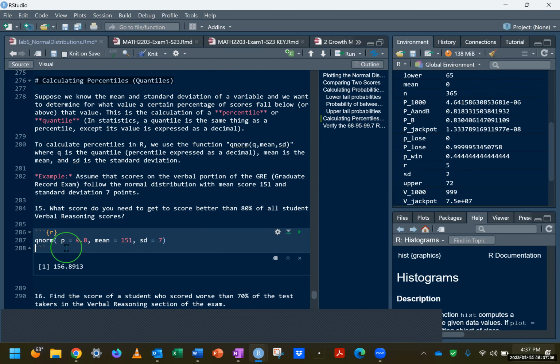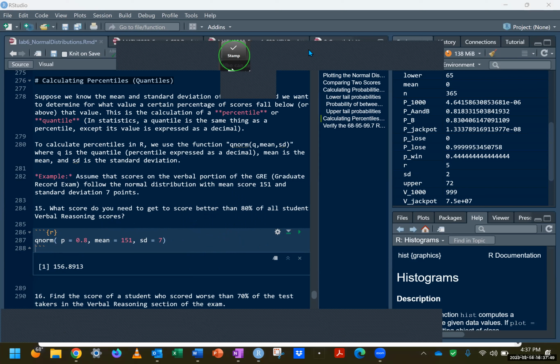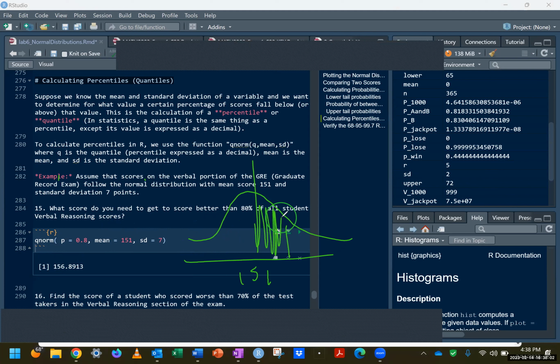So reverse problem, but the same geometric reasoning. So it helps to draw a picture. You're going to say, hey, I'm going to draw this picture. 151 is the median. I'll do this here. If you want to get the intuition for this, here's your picture. 151 is the mean. I want to know what area corresponds to 0.80, 80% of students.